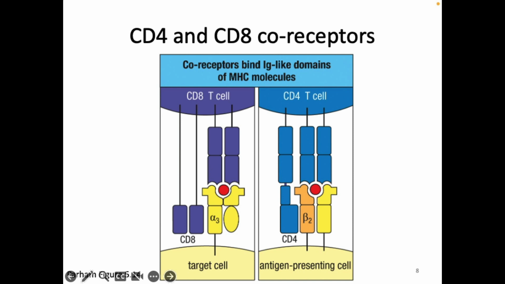Unlike CD3, CD4 and CD8 don't have those charged residues in their transmembrane domain, and they don't spend all their time next to T cell receptors on the surface of the cell. These are proteins that are not bound to each other in any way, and so they're going to diffuse totally separately, randomly through the membrane, and not always be next to each other.